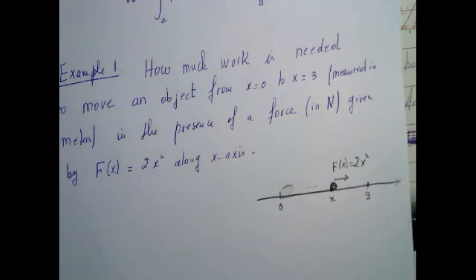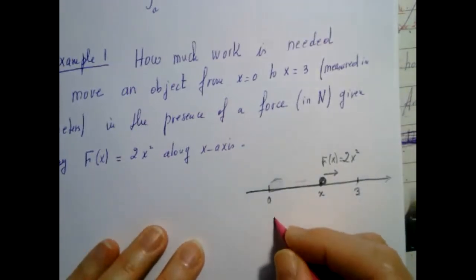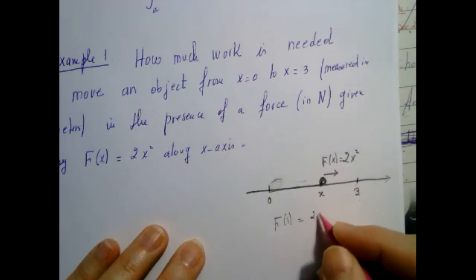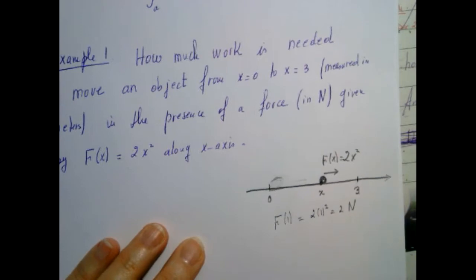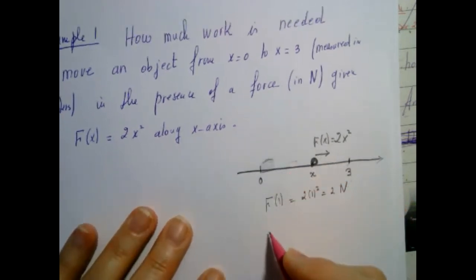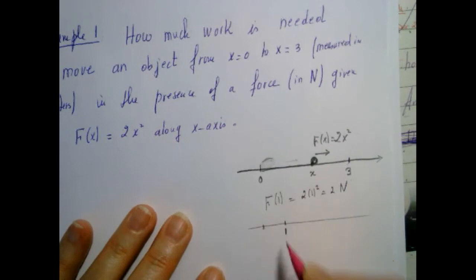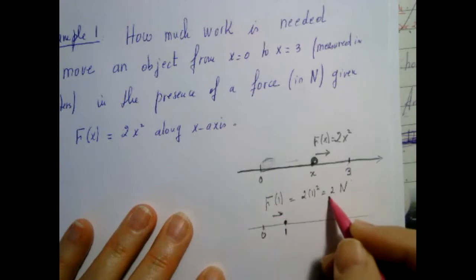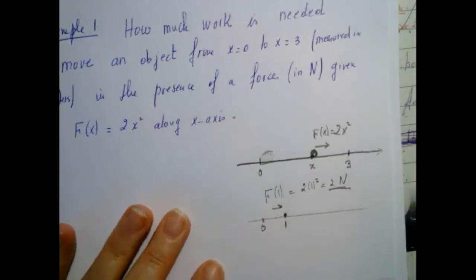So for example, how do you understand that? f of 1 is 2 times 1 squared, which is 2 Newton. If the object is 1 meter away from 0, and you want to push it, you need 2 Newton force to push it. That's really what this force means.